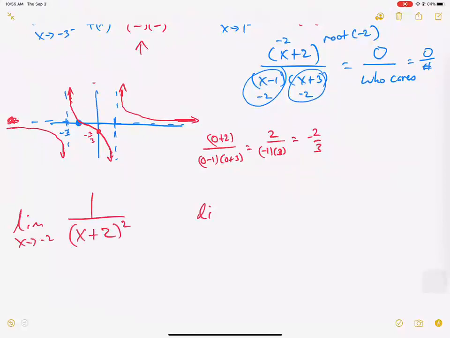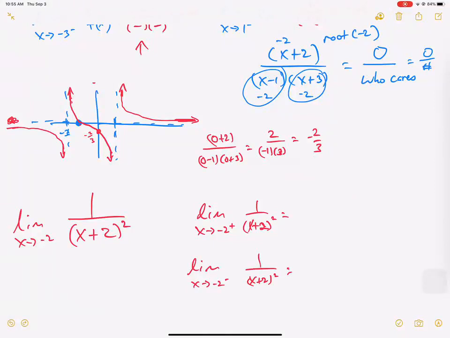So what's the limit as x approaches negative 2 from the right side of 1 over (x plus 2) squared, and the limit as x approaches negative 2 from the left-hand side of 1 over (x plus 2) squared? Now, we could go through the motions. I could draw you a number line and say, hey, this is negative 2, blah, blah, blah. But I want you guys to look at this problem.